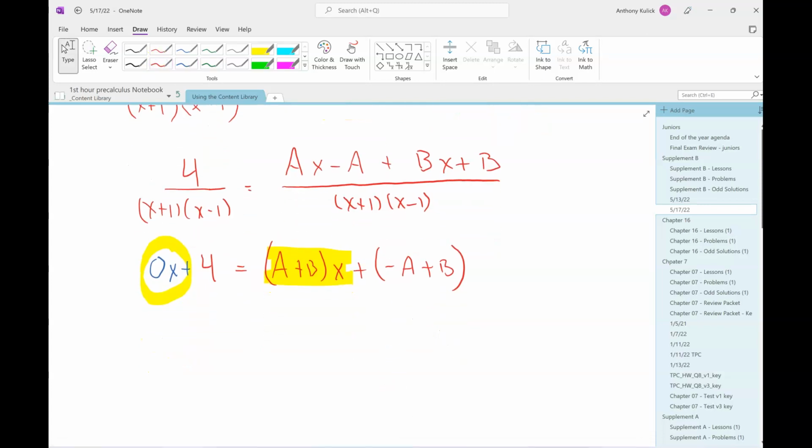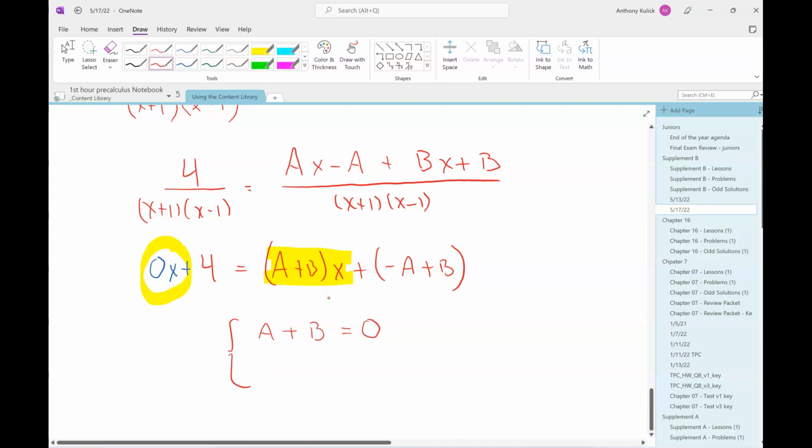Okay, so let's set up our system. If I look at the system, what does the x's say? I should write a plus b is equal to 0.